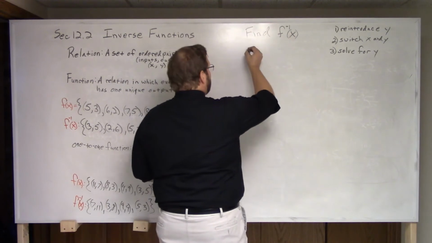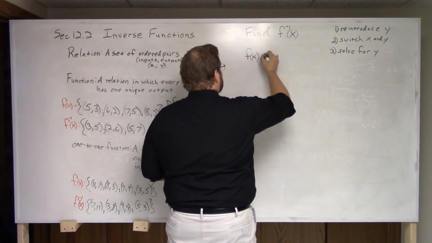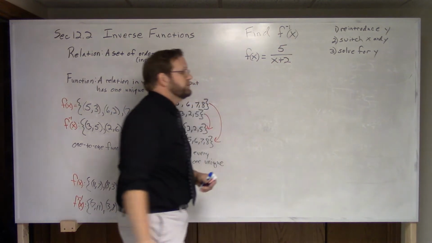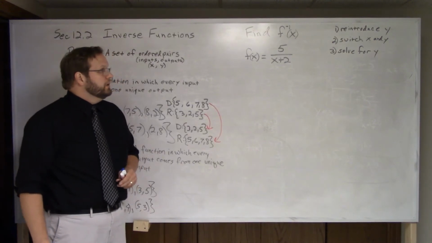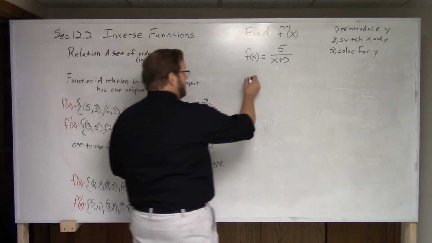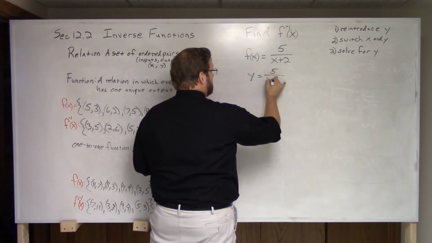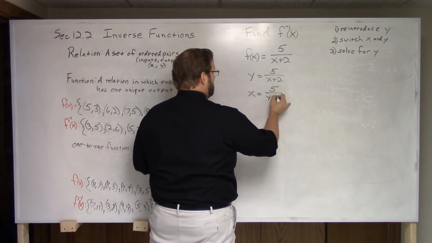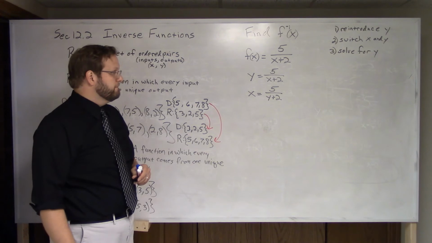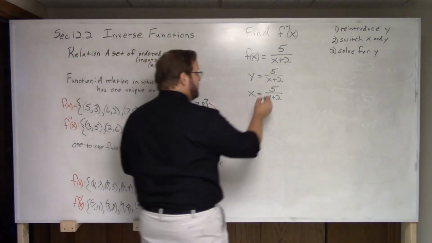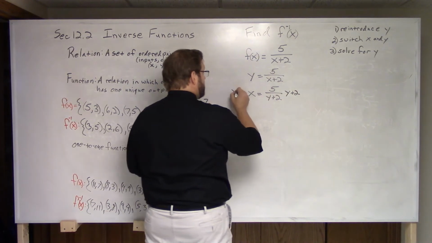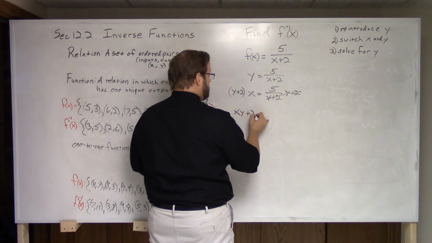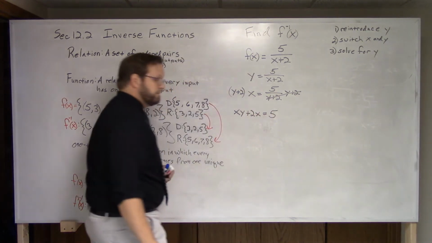Let's say we have f of x equals 5 over x plus 2. Okay? So let's find the inverse by first reintroducing the y and then switching the x and y. Okay? Now we just need to solve for y. So I'm going to clear that fraction to get xy plus 2x equals 5.